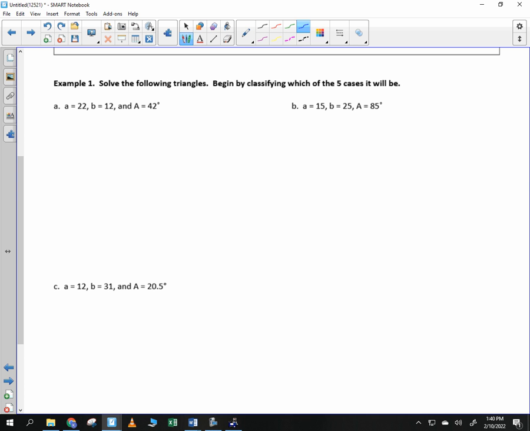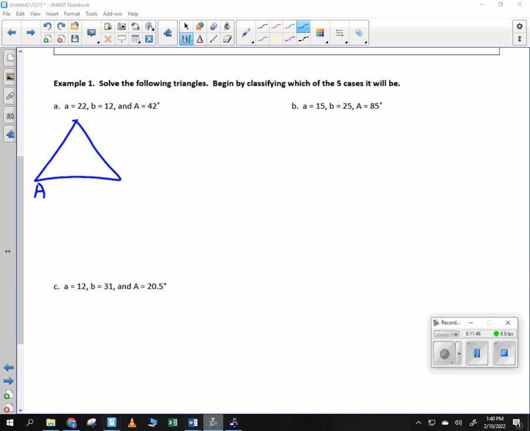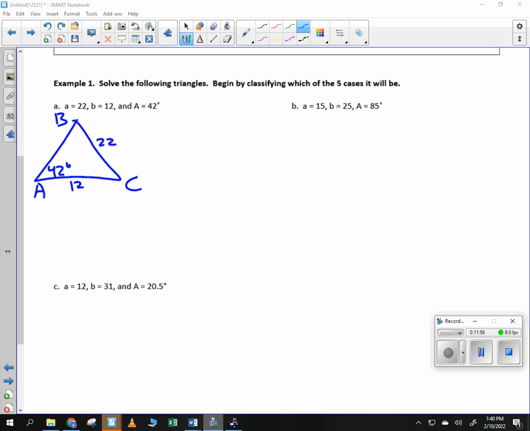Here I am. So I'm going to solve these triangles. A, B, and C. I've got angle A is 42 degrees, side A is 22, and side B is 12. So, is this a side-side angle triangle? Yep, it is. So what I do is I go to my decision tree.